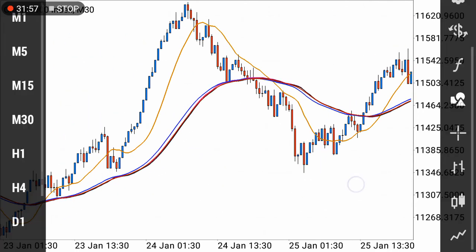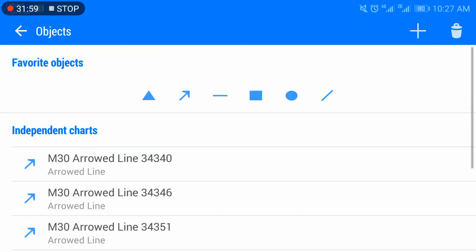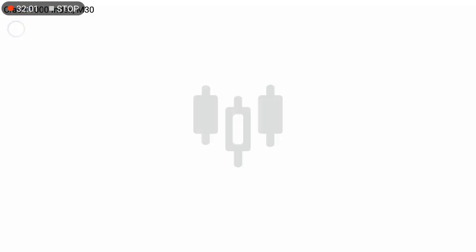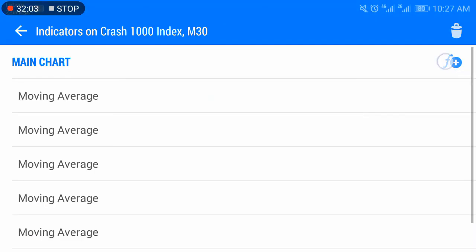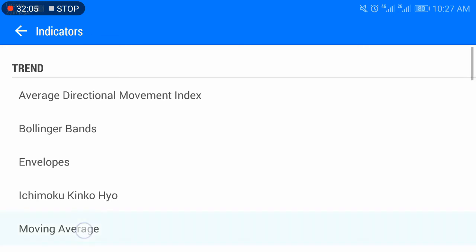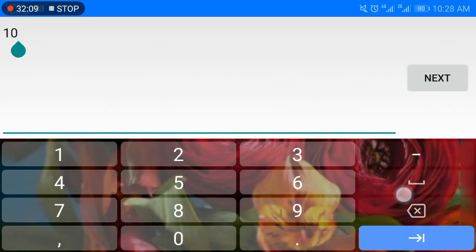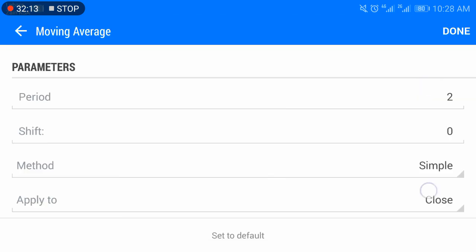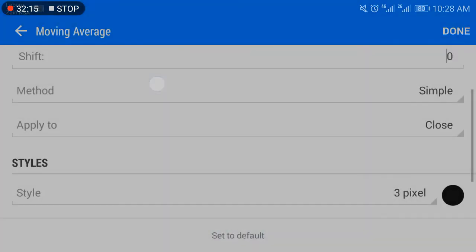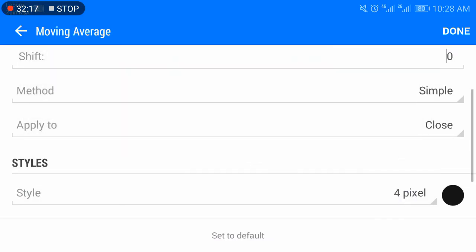A clear picture. If you don't know how to draw and predict this, simply use a moving average, two, done. Choose the black and let's see the M and W.